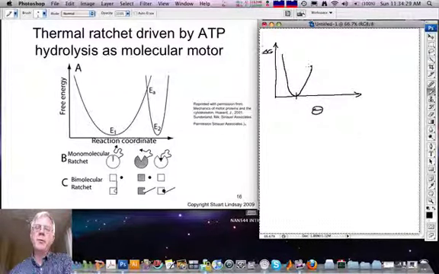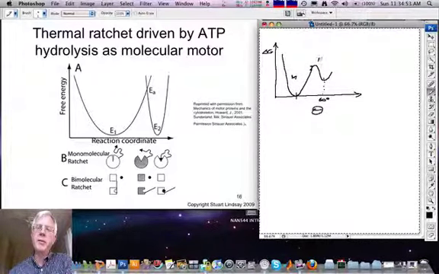ATP will bind the motor, and because it binds stably, it results in some metastable energy configuration here. It turns out that in some motors, if the total rotation is 120 degrees, this may occur at 60 degrees here. So this is now the motor.